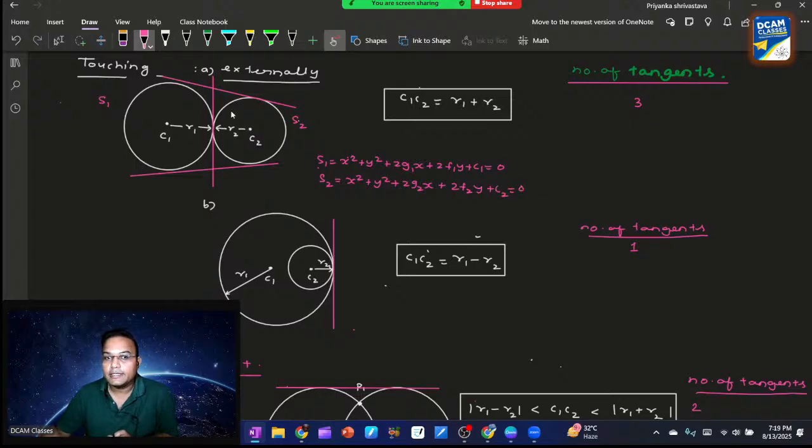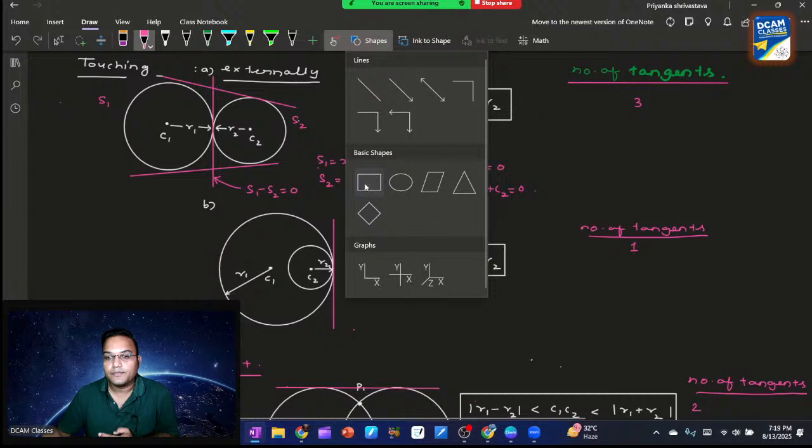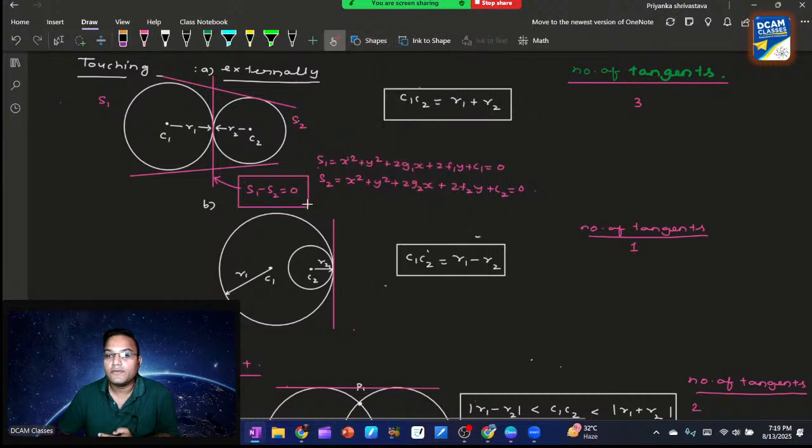The common tangent is given by S1 minus S2 is equal to 0. Only this one, only the common one I'm talking about. Common tangent.